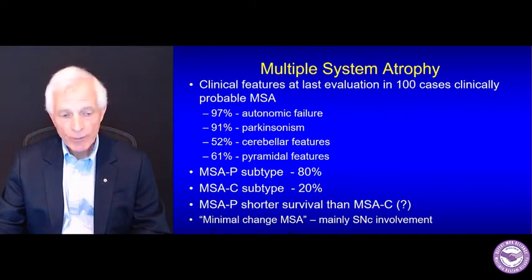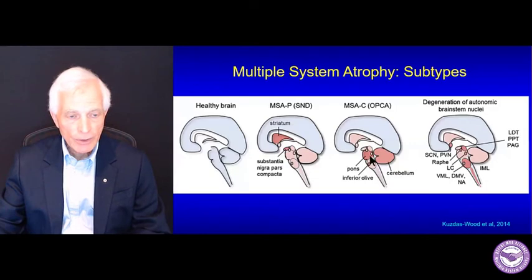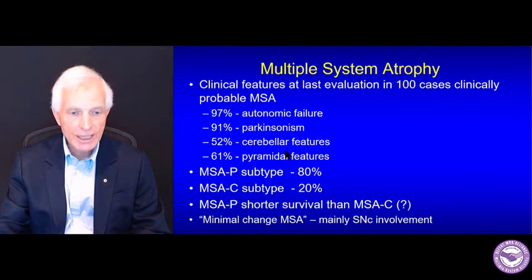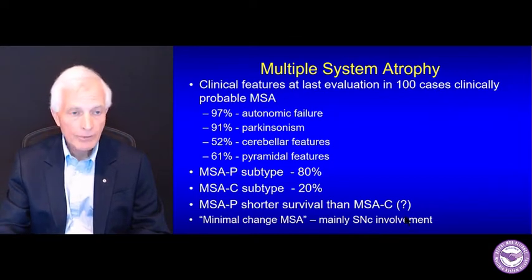And there's another form that's relatively uncommon where the substantia nigra, if I go back to this diagram, and I'll show you pictures of the pathology in a minute, the dopamine area, if that region is most affected and the other areas are minimally affected, patients may present with a Parkinson phenotype that may respond very well initially to levodopa and may have a somewhat more prolonged survival as well.